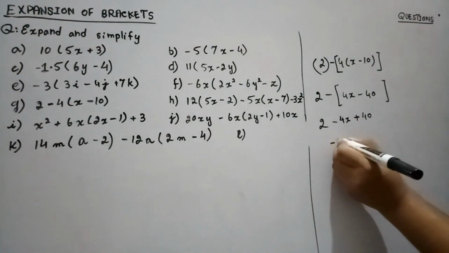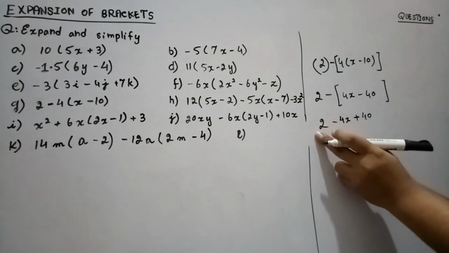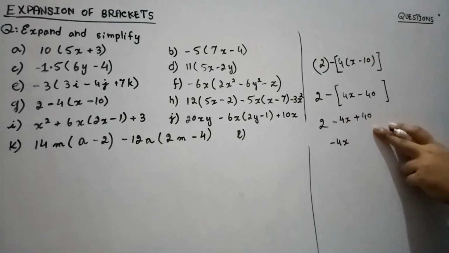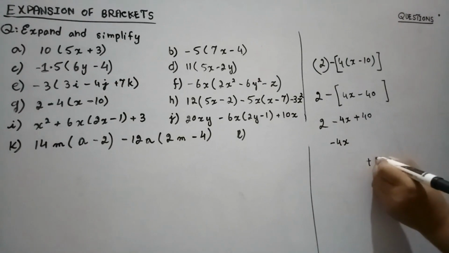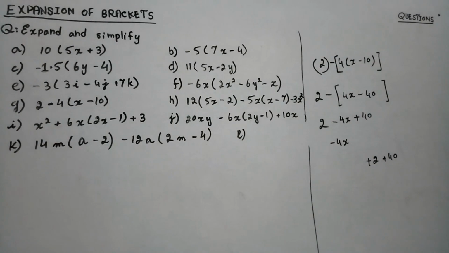I write this negative 4x as it is, and this 2 and this 40, because we have a positive 2 and a positive 40. As I told you in previous videos, let me review it: in subtraction or addition, if we have the same signs, we are going to add both of them.